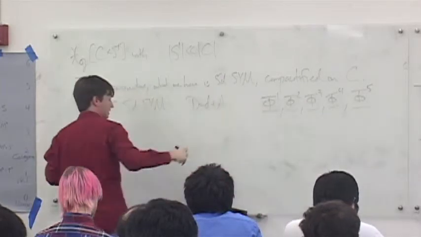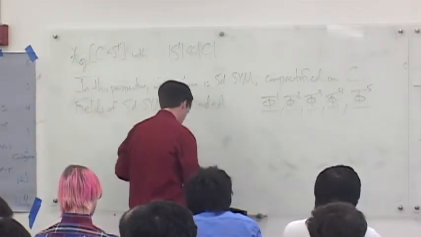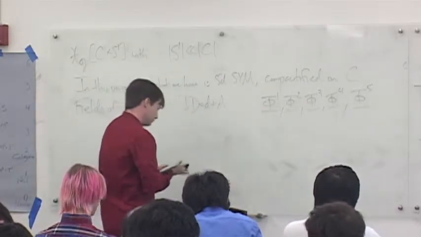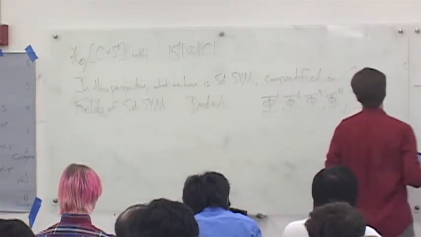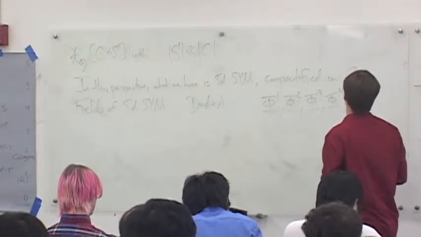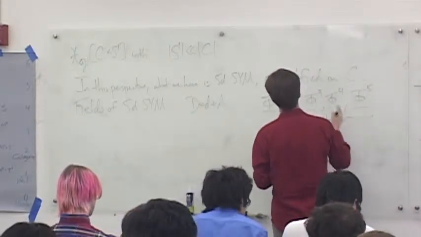Now this is what we have when we formulate the theory in flat space. Now we're compactifying it on the Riemann surface. When we compactify the theory on the Riemann surface, we make a little change to the field content.